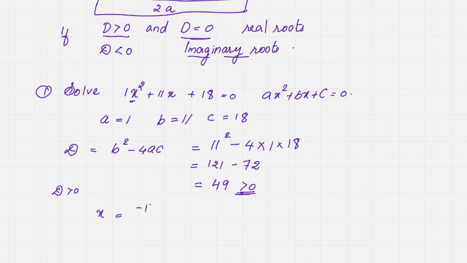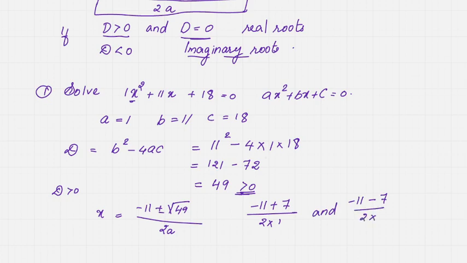So minus 11 plus or minus root over 49, because b square minus 4ac is 49, divided by 2a. So our values will be minus 11 plus root 49 which is 7, divided by 2 into 1, and minus 11 minus 7 divided by 2 into 1.